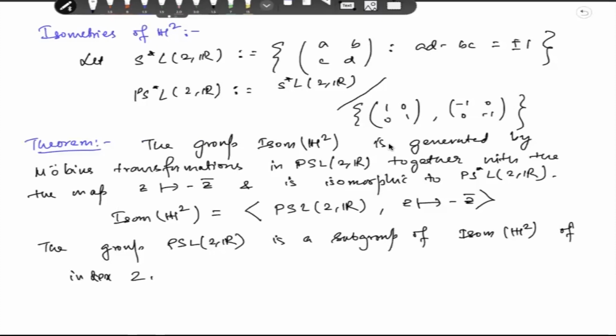PSL2R is an index 2 subgroup of this isometry group of the upper half plane. Okay, let us try to prove this theorem. Let phi be an isometry of the upper half plane and let I be the imaginary axis.